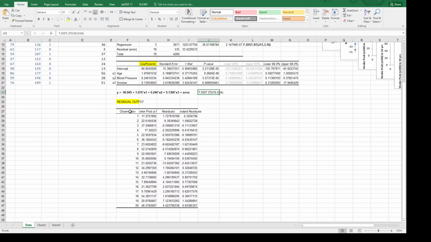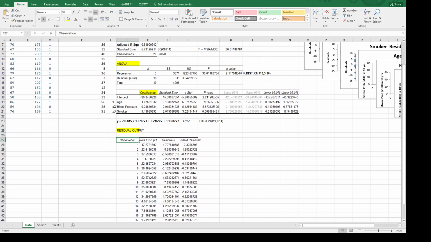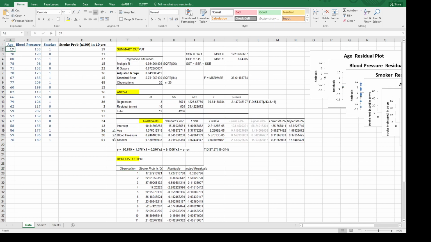Lastly, residual output. These are the 20 observations we have, and these are the stroke probability times 100 that are computed by just substituting these three values for x1, x2, x3 into the regression equation, and you will end up finding this value, and then you subtract this value from the actual observation, and the delta, meaning 19 minus 17.27, is this residual.